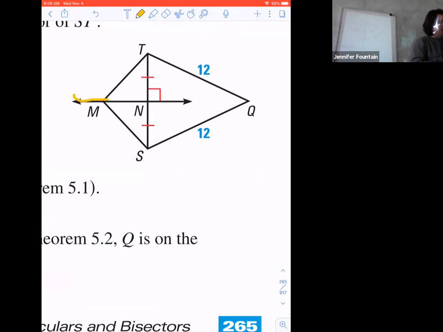Awesome. Because I have those lines going, I know that that is going to be an extension. When I see the arrows, I can see that extension goes out. Therefore, Q is also part of MN. Okay.